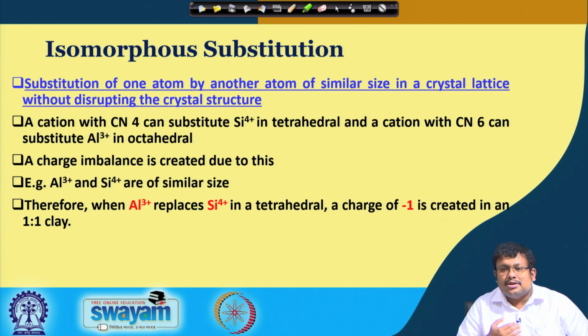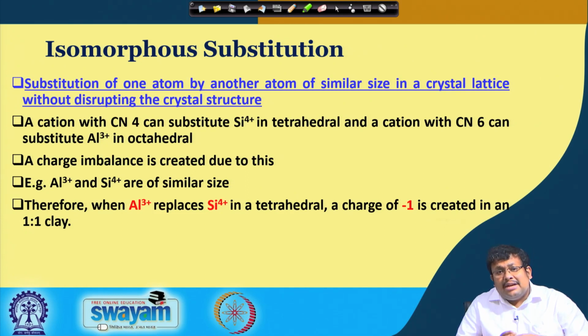That means we are reducing the positive charge, in other words we are increasing the negative charge development. So, this charge imbalance develops due to isomorphous substitution, and this charge is also known as the permanent charge, because this is a feature of its crystalline structure. It is not variable. So, this charge which is developed due to its structural arrangement or isomorphous substitution is known as a permanent charge.